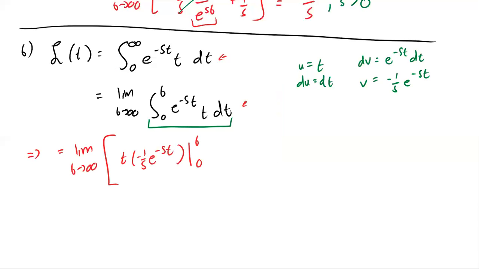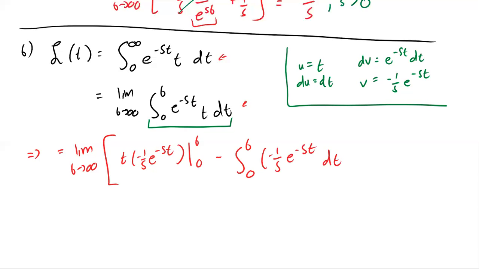I'm going to need more space here. Minus the integral of v du. So negative 1 over s e to the negative st times du, which is just dt. So I don't need that parentheses here. Okay, and then close bracket.